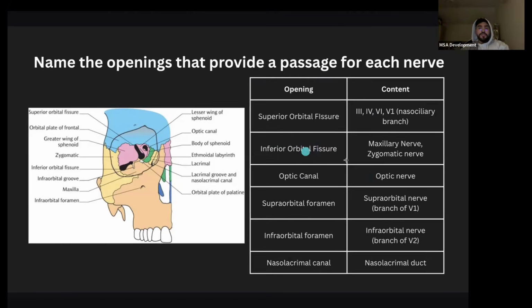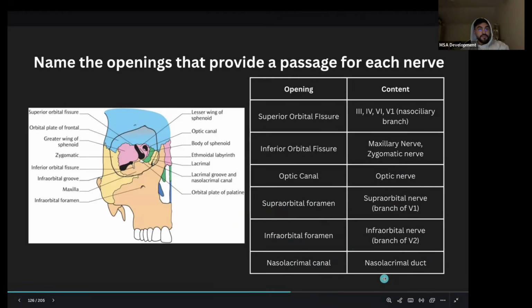And then the inferior orbital fissure is going to basically hold the maxillary nerve and the zygomatic nerve. The optic canal is going to provide passage for the optic nerve. Supraorbital foramen is going to provide passage for the supraorbital nerve, infraorbital foramen to the infraorbital nerve, and the nasolacrimal canal to the nasolacrimal duct.